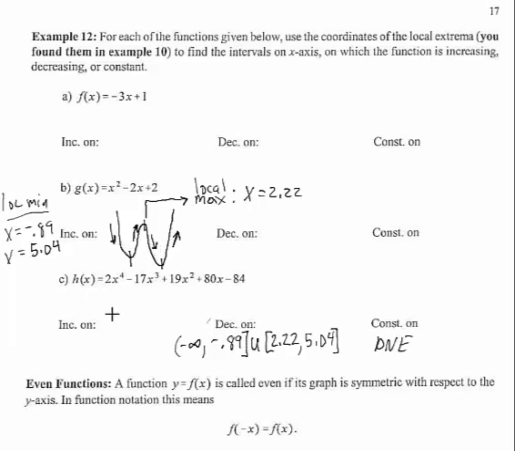Okay, now for the increasing. The increasing picks up after the first minimum right here, and that is at negative 0.89. Continues to the maximum at 2.22.